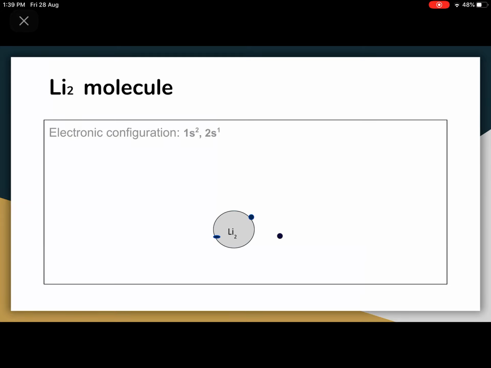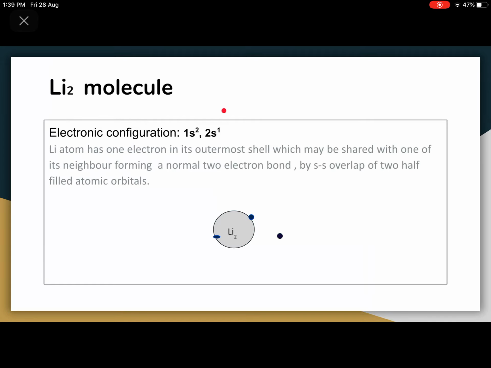Lithium molecule, electronic configuration 1s2 2s1. So as we can see, 1s2 is completely filled and 2s1 is half filled. The 2s orbital is half filled, right?